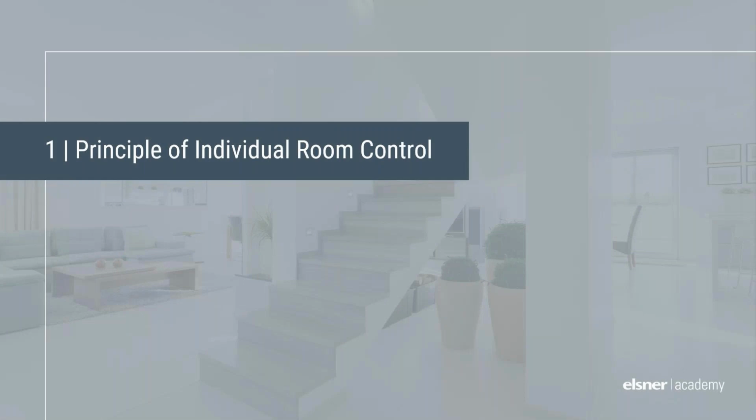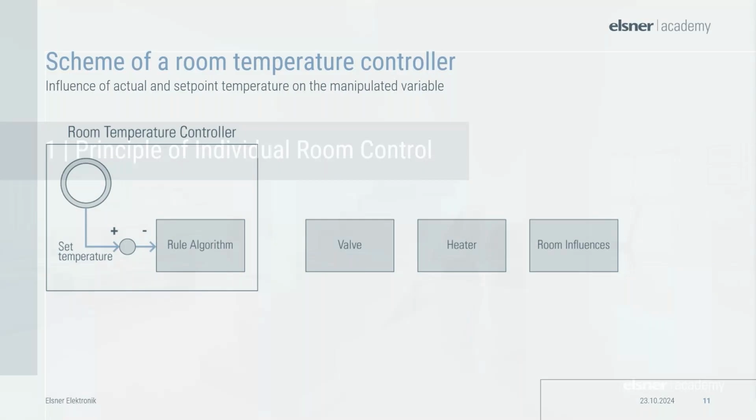So in the following section, we will look at the principle of the individual room control. We present here a little scheme of a room temperature controller. So the room temperature controller, which can be seen in the box on the left, records the room temperature and sends a manipulated value to the valve or the actuator. The control valve is approached as a percentage, for example, 40%.